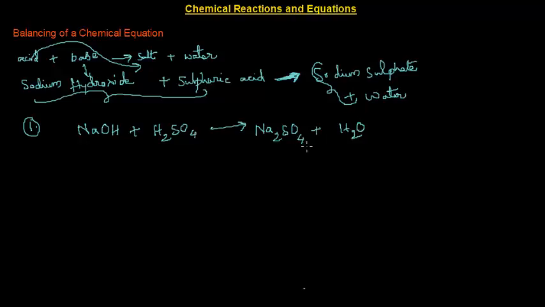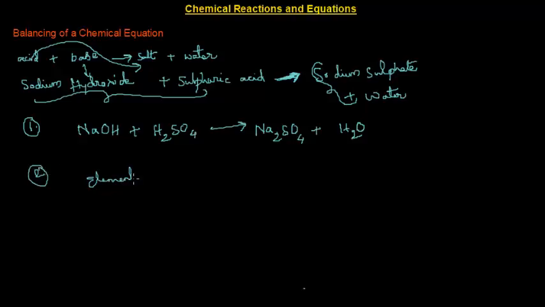Now, what are we required to do? We have to write down the number of atoms of each and every element present in this reaction. Now, the step 2 is, let us do this.